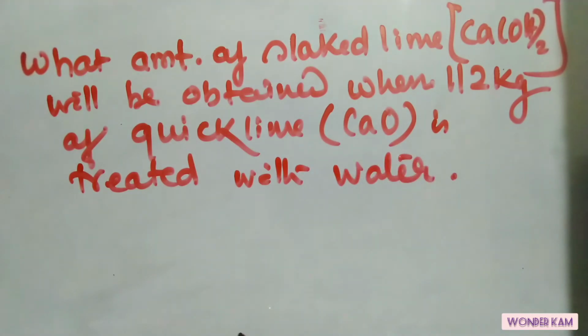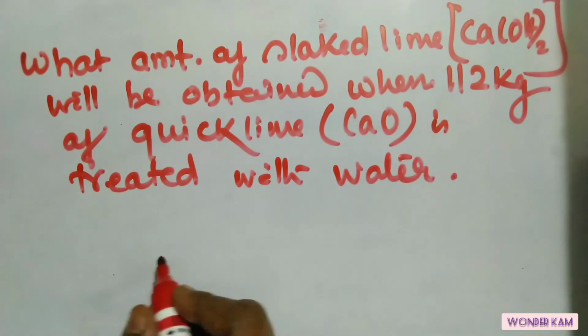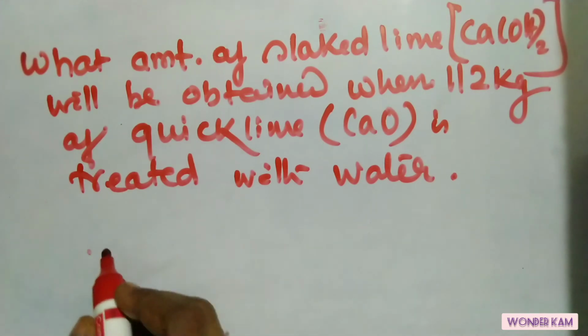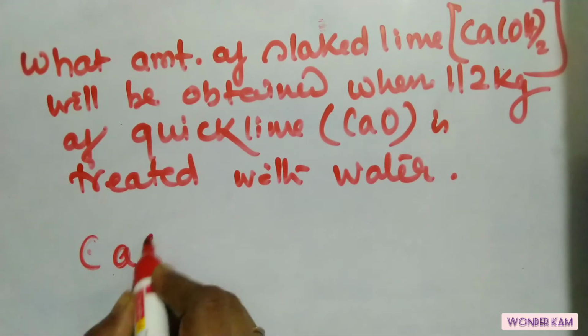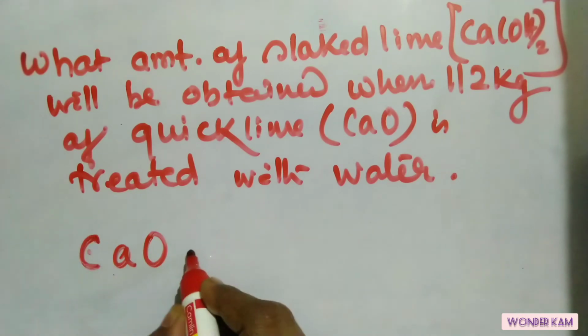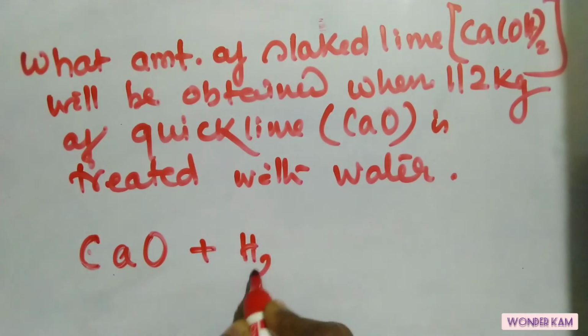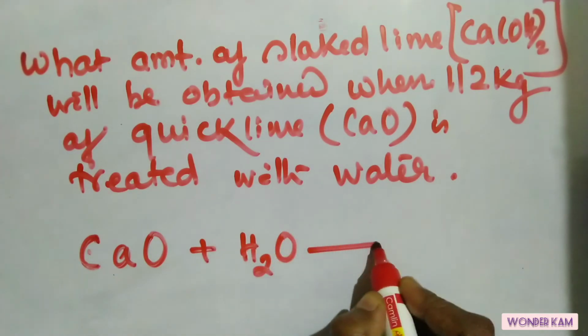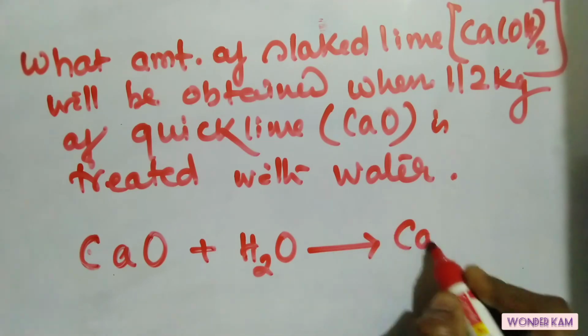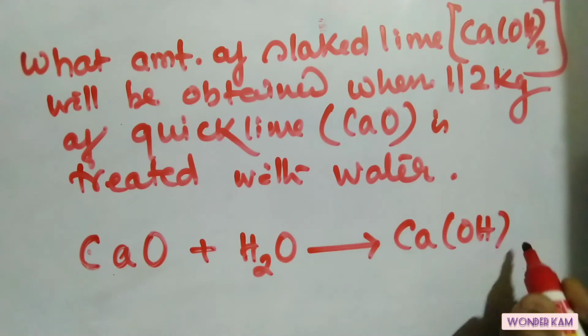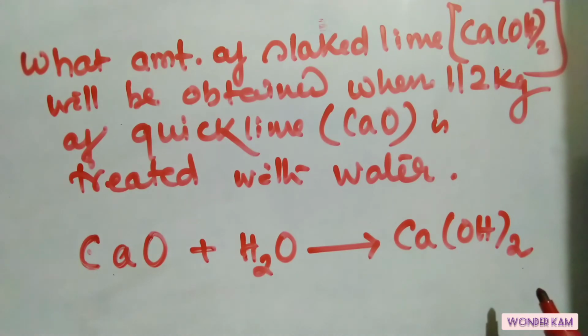We need to first write down the chemical equation. Quicklime or calcium oxide plus water gives slaked lime or calcium hydroxide. The reaction is a balanced one, so we have to find out this proportion.